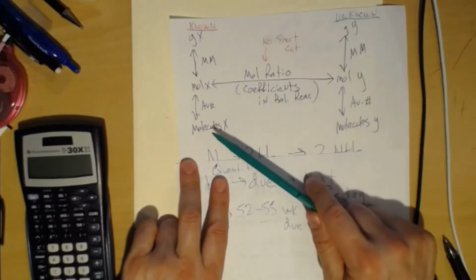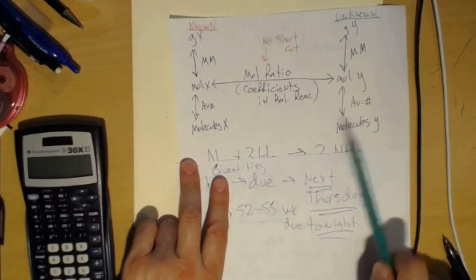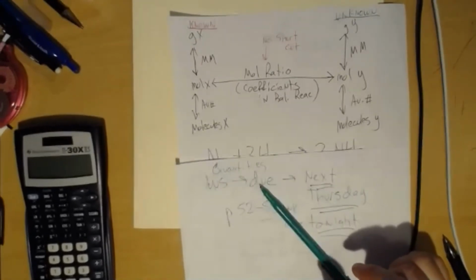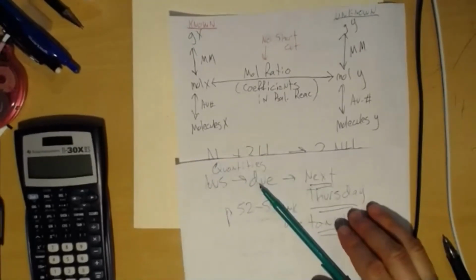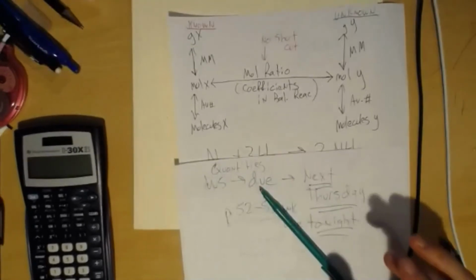You could also go down to molecules, or you could find molecules. You really have to read the questions carefully. And that's kind of the end of the story, I guess. So any other comments or questions? Does this sound like you have enough to be able to do this?